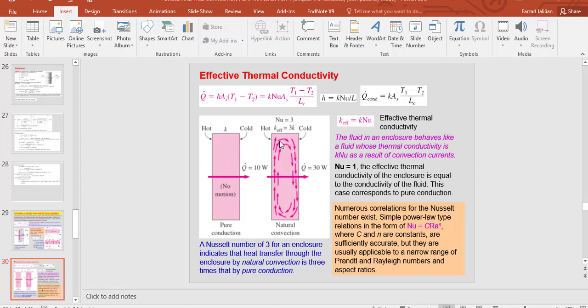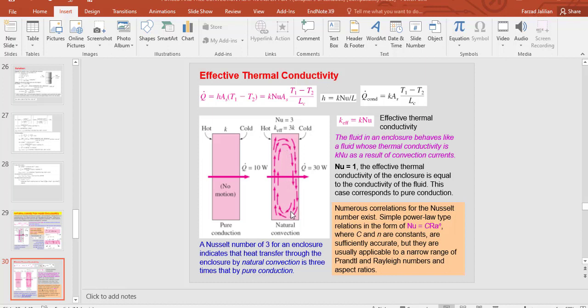But when the fluid inside the enclosure is in motion due to its characteristic, it is a light fluid, and its Rayleigh number is higher than 1100 something, so we have convection heat transfer.